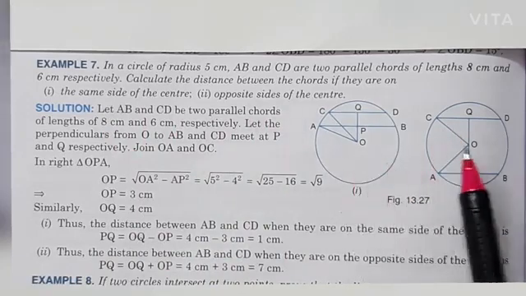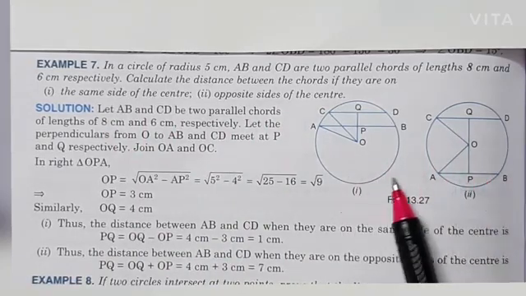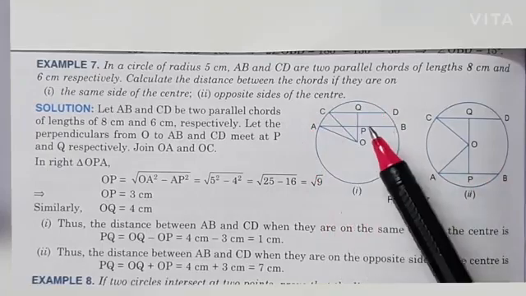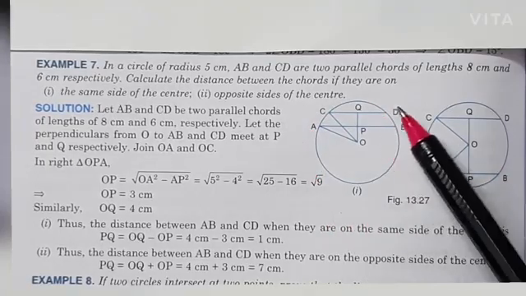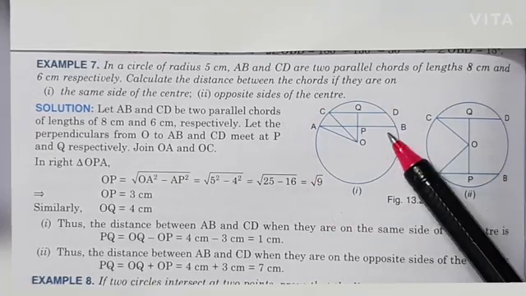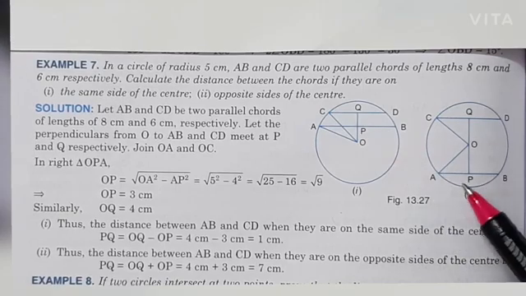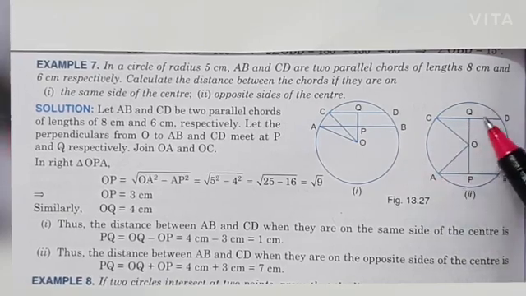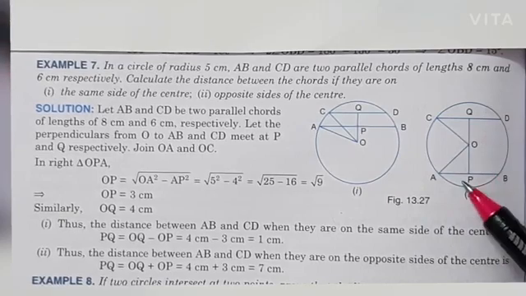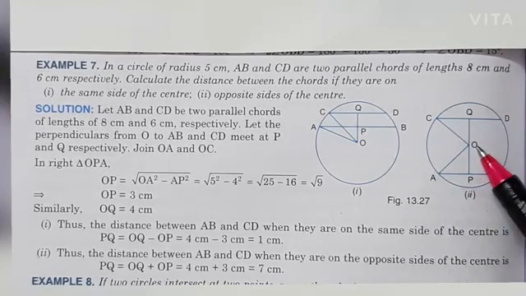Now you can see there are two figures. In the first figure, the two chords are on the same side, and in the second figure, the two chords are on the opposite side of the center. Clear?